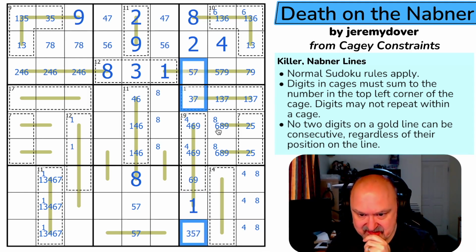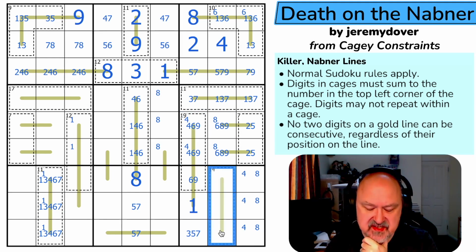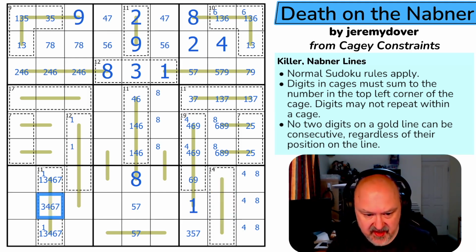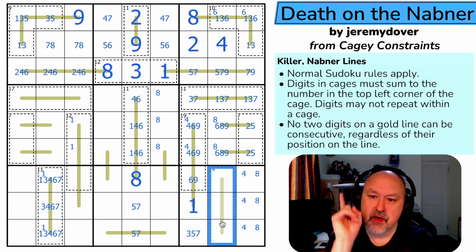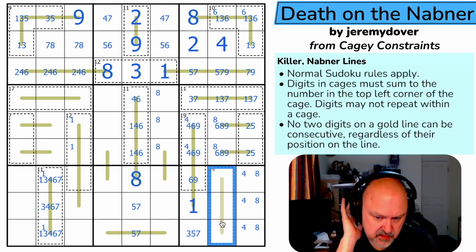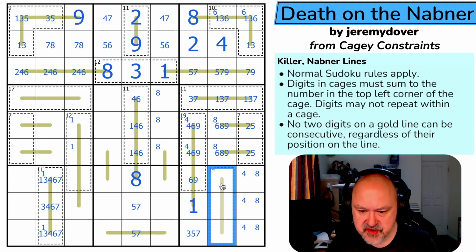Okay, so there's an 8 here. There's a 4 here. So this is now quite restricted. Man, if I was using the killer calculator. So what happens if I don't put a 2 on that line?